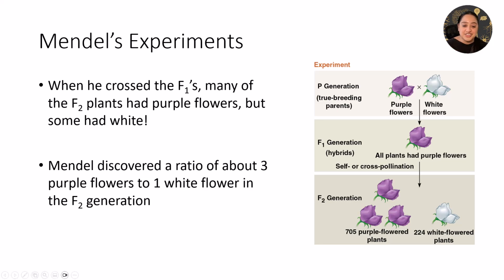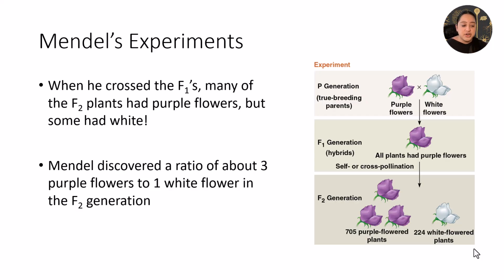And so you can actually see the data here. For a total of 705 purple flowered plants, there were also 224 white flowered plants. In all these different generations, if you break down the ratio, it's consistent with all these different matings.